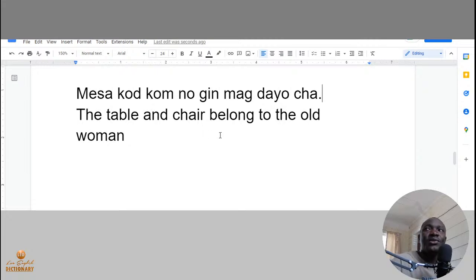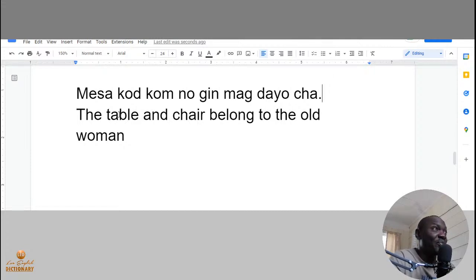Mesa. Now table took the name from the Swahili word meza. They just changed the Z because Luo doesn't have a Z. So mesa called com. Com, we had coms before the Swahili people came to buy salt from us. Not buy salt, buy tech.